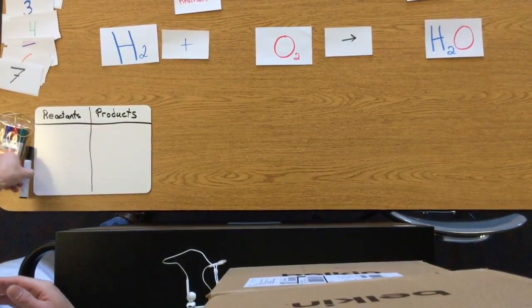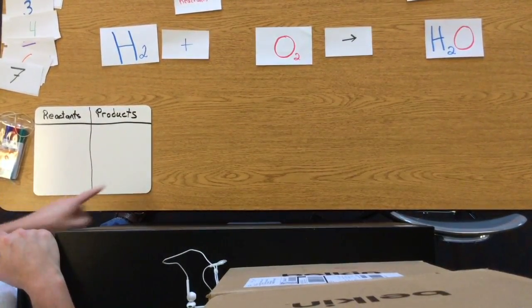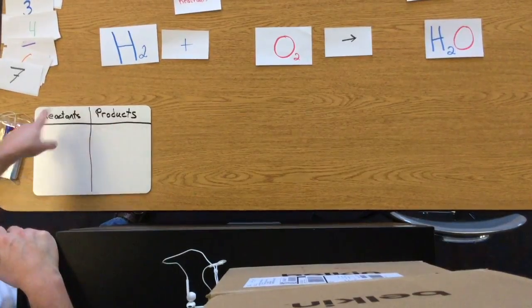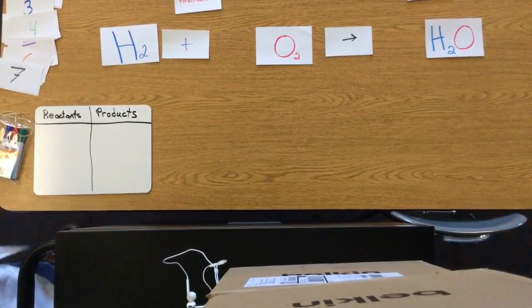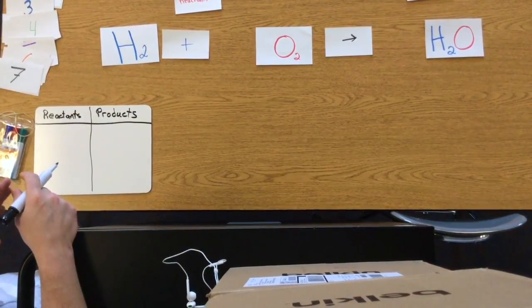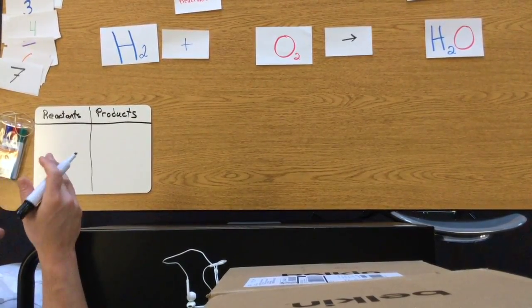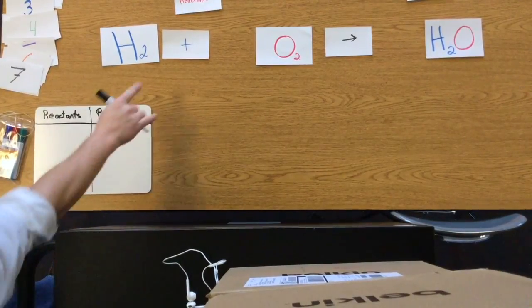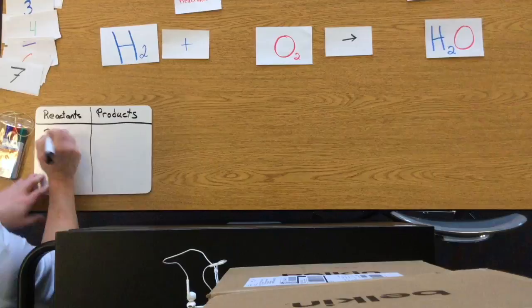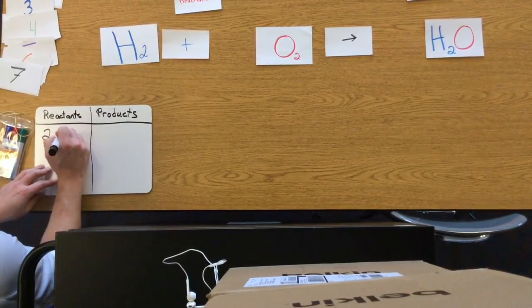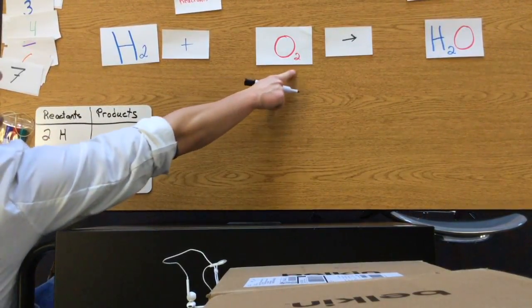To get started, it's going to be helpful to have a piece of paper or something to make notes with on the side. The first thing I'm going to do is write the number of each element on each side of the arrow. On the reactant side, I have 2 hydrogen and 2 oxygen.